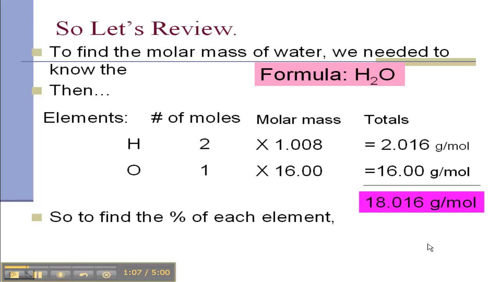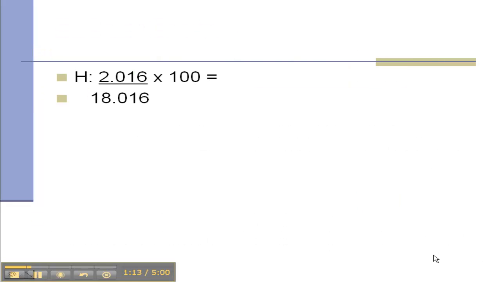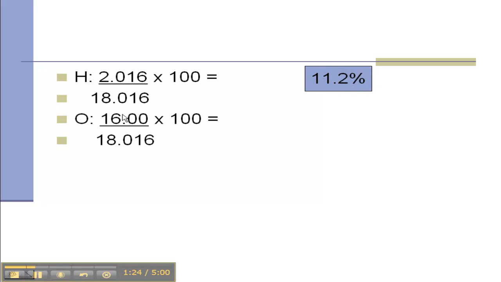To calculate the percentage, we need to divide each part by the total and then multiply by 100. Here's what that looks like for hydrogen: 2.016 divided by 18.016 times 100. So we get 11.2%. For oxygen, you do the same thing, but use the mass of oxygen: 16 divided by 18.016 times 100, and you get 88.8%.